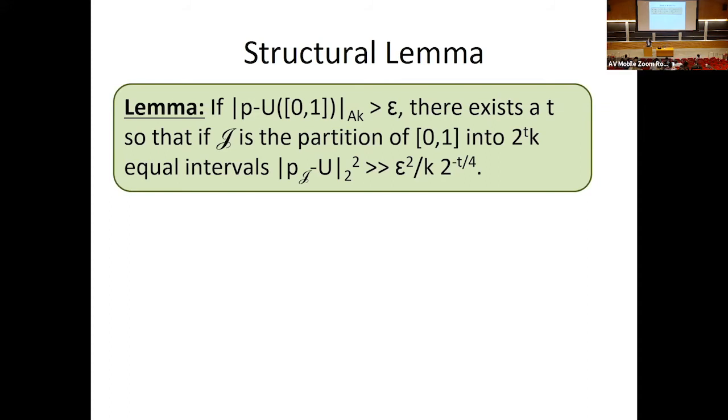So the lemma is that if you have any p where the AK distance between p and uniform is at least epsilon, there is some positive integer t such that if you partition [0,1] into 2 to the t times k equal intervals, then the squared L2 error between p on that partition and the uniform distribution on that partition is bigger than, say, epsilon squared over k divided by 2 to the minus t over 4.